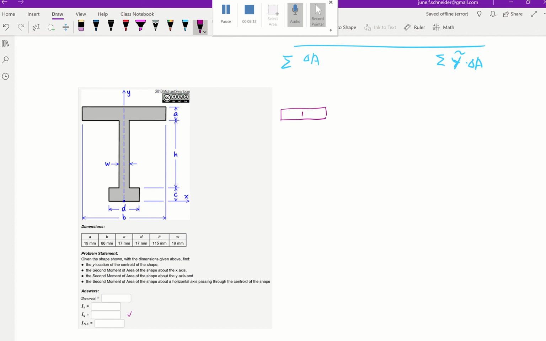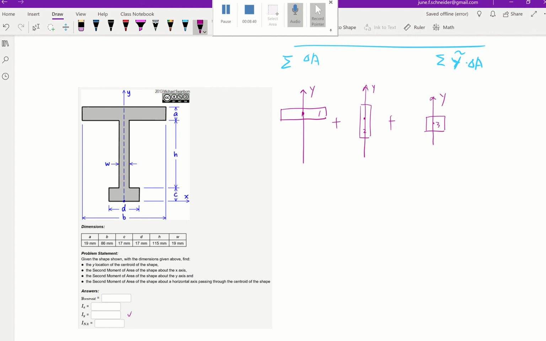And this time, IY is basically going through there. That's going to be how that's related. Then plus this middle one, 2, it's also going through its centroid. Then the bottom one, 3, it's also going through its centroid. So those are the 3.